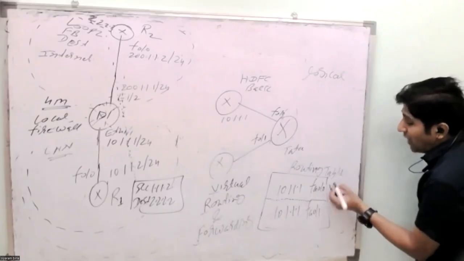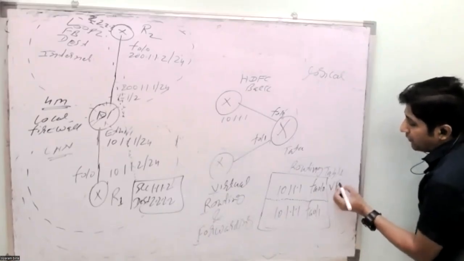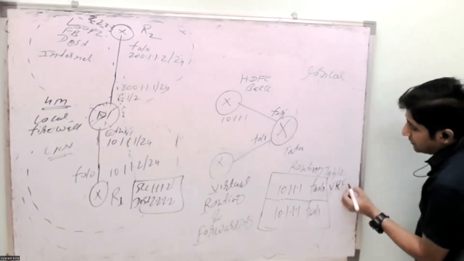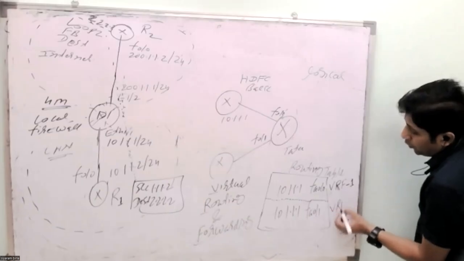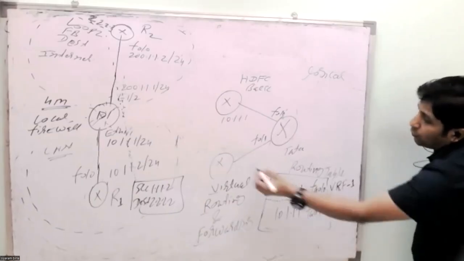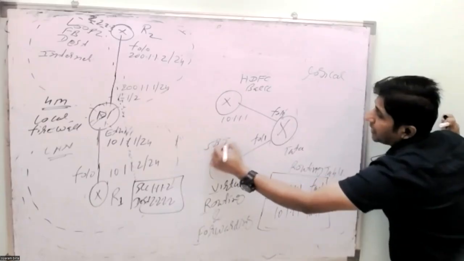So I'm creating one VRF for SDFC, VRF1 for SDFC and VRF2 for SBI.